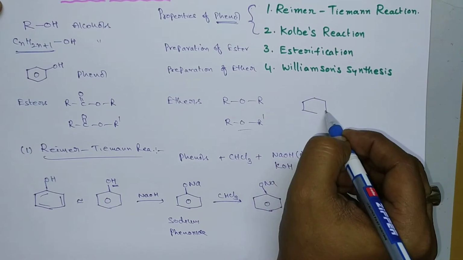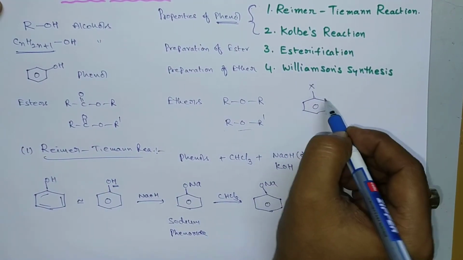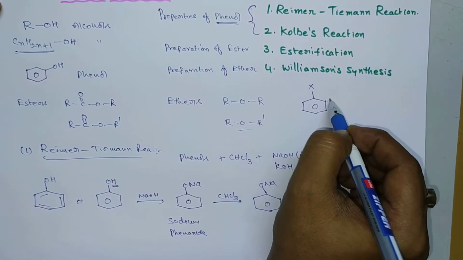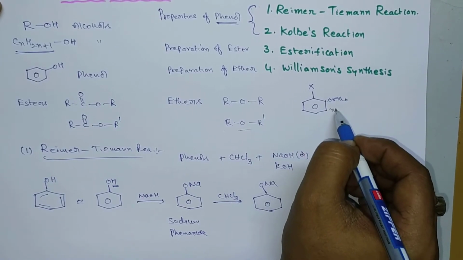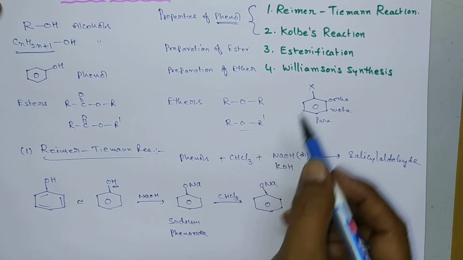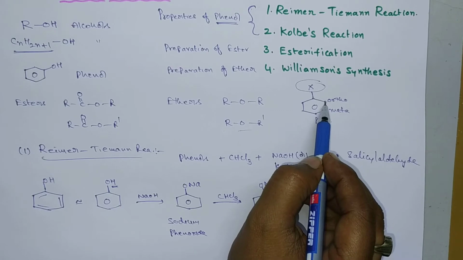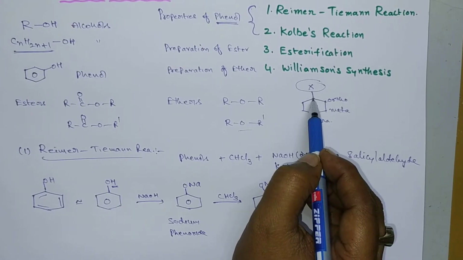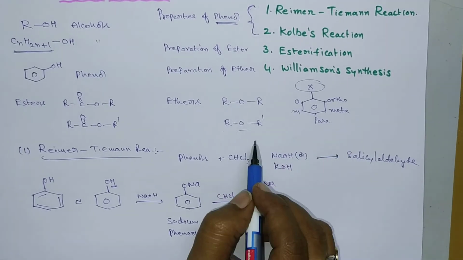If you take any benzene, and suppose a substituent X is there, the position adjacent to the substituent is called the ortho position. Next to the ortho position is the meta position, and this is the para position. Similarly, the adjacent position on the other side is again ortho, then meta, again para.